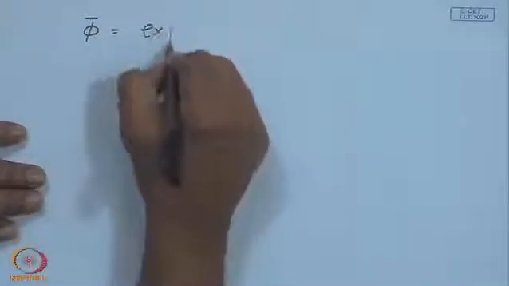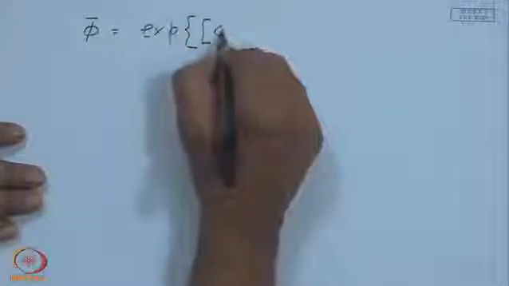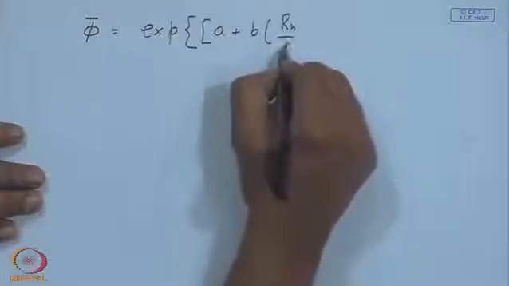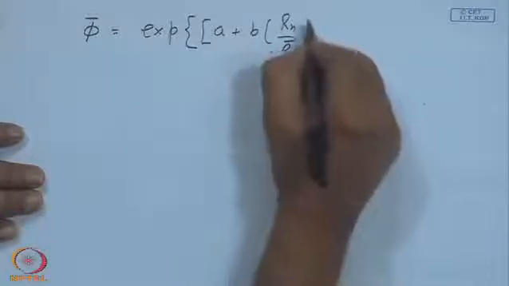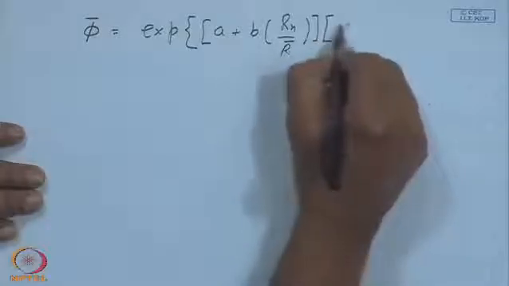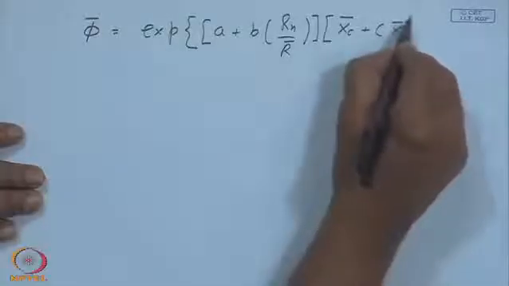So, Klein's correlation has the form exponential A plus B Rn by R bar times x c bar plus C x c bar square.